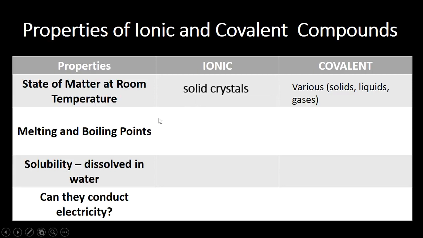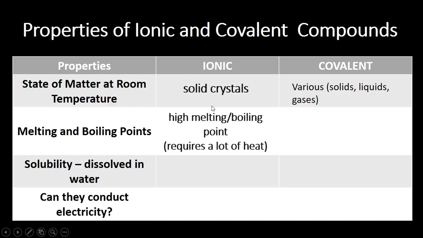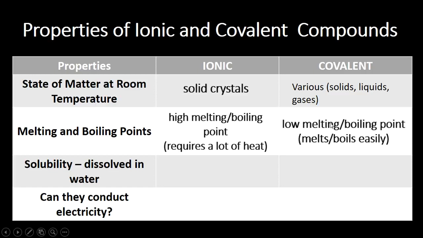Melting and boiling points: you've learned, hopefully, that ionic compounds will have high melting and boiling points, because you're pulling apart those positive and minus charges. Whereas covalent compounds keep their covalent bond after they've melted, so they'll have low melting and boiling points because you're not taking away that major covalent bond. You're just taking away the forces in between the molecules.